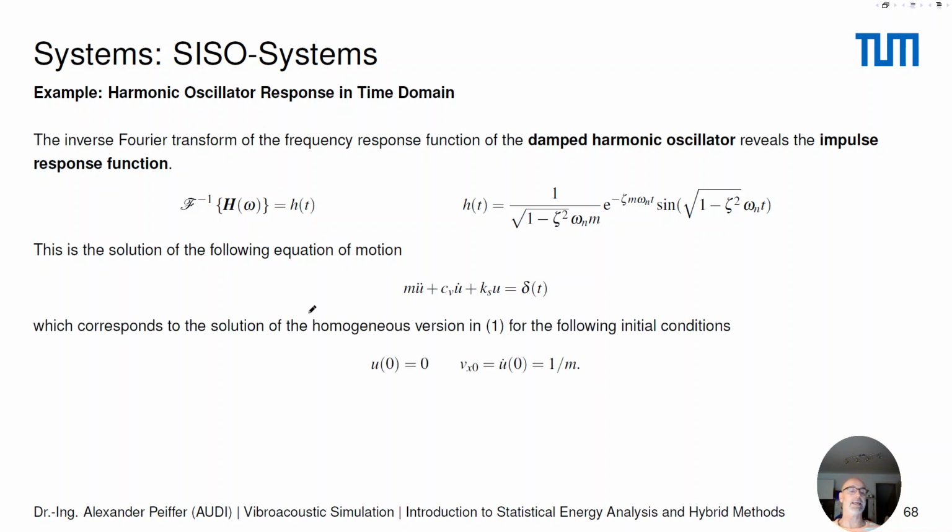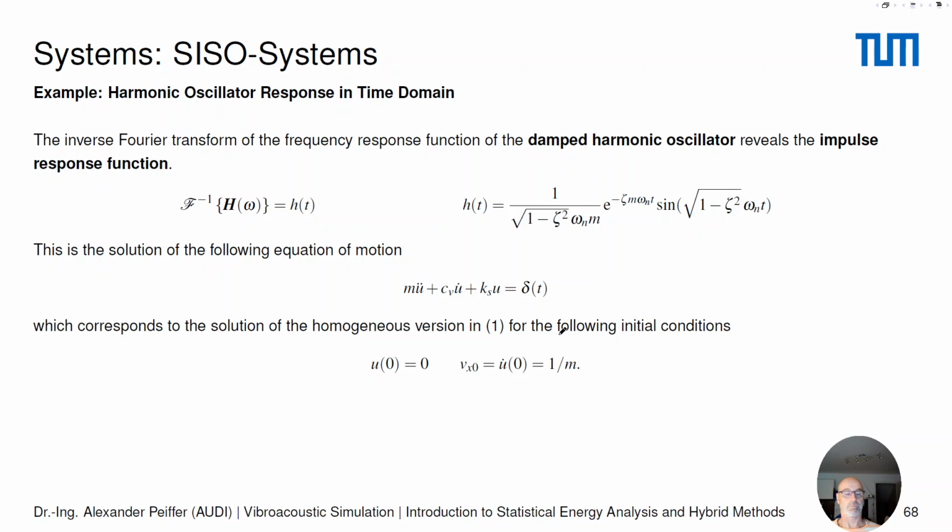We can translate this into a physical meaning. It is the same as using the following initial conditions: no displacement at time 0, but a given velocity, which corresponds to 1 divided by the mass of the oscillator.